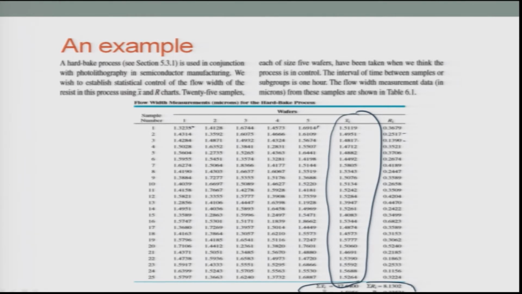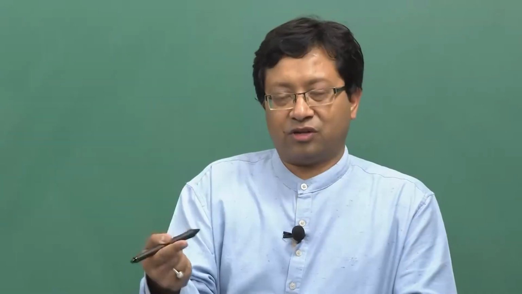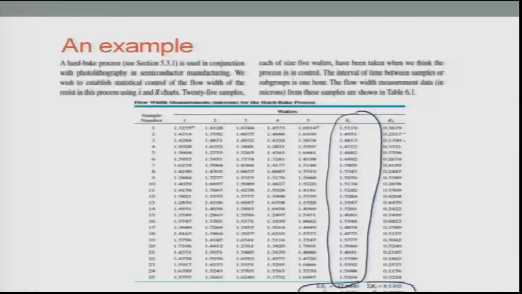At the end of this table, the problem gives us X double bar, which is the average of the averages. The first value here, 1.5119, is X1 bar: the 1 means the first set of 5 observations and the bar means the average of that. Similarly, 1.5805 is the average of the seventh set of 5 observations.